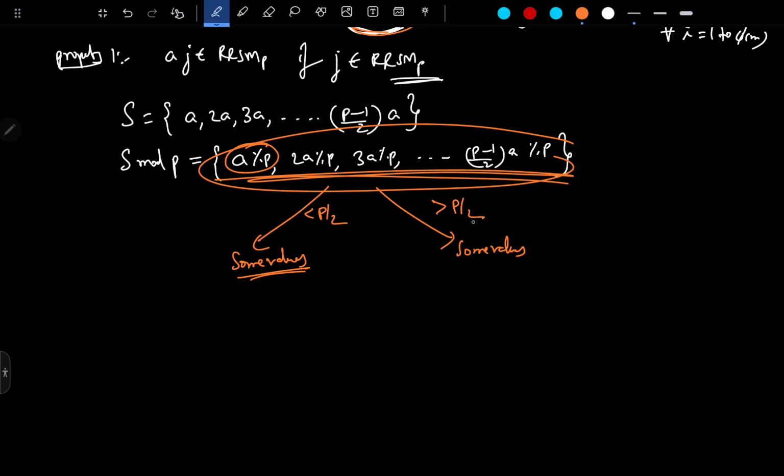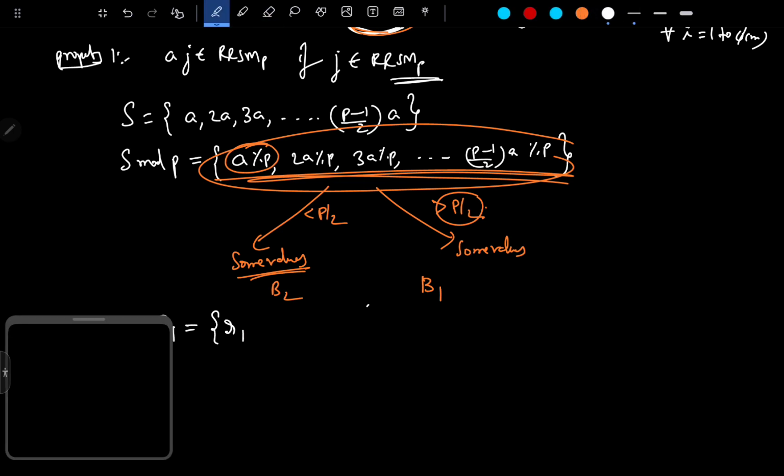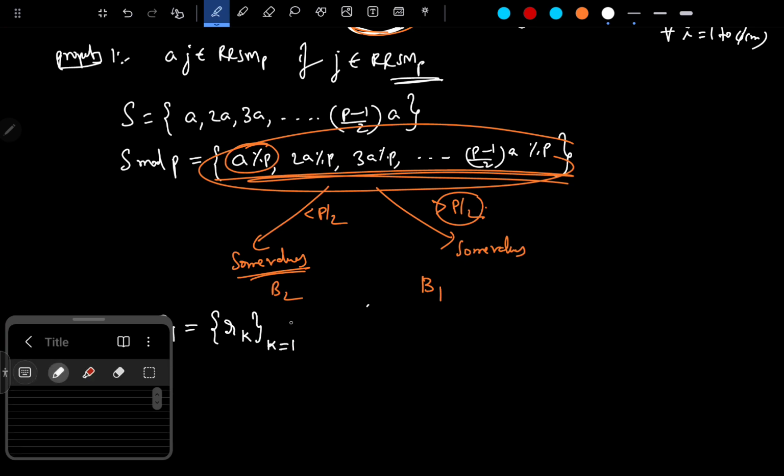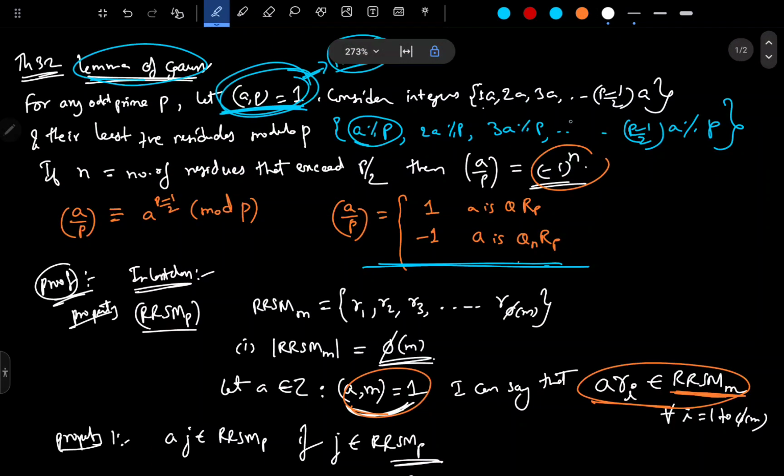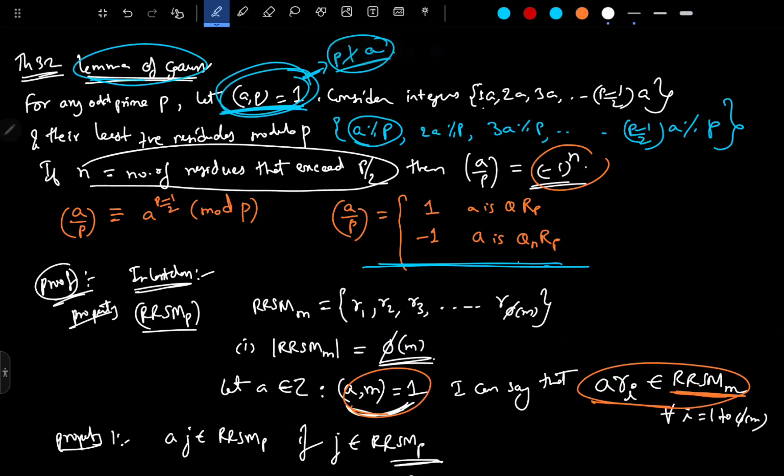Let's call the greater than p by 2 set b1. How to write it in mathematical form? It equals bi such that r1 to rk, where k is 1 to n. Why am I writing 1 to n? Because, understand carefully, in the question I said that n is the number of residues which exist above p by 2.